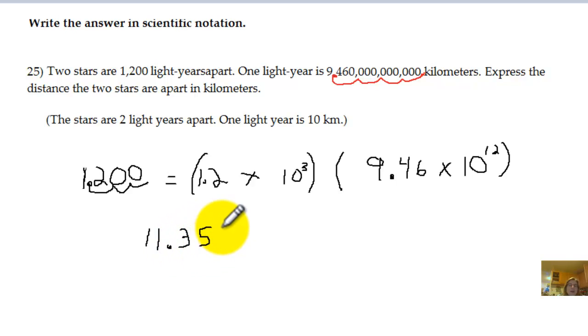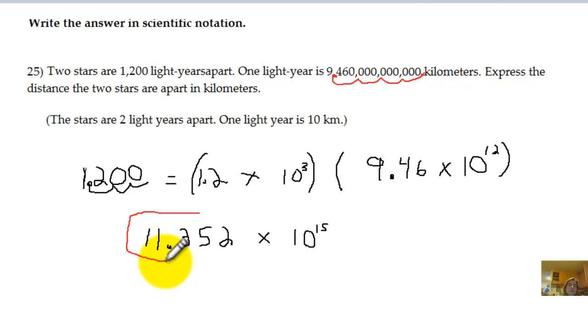And then I'm going to use the multiplication rules for these. Since I'm multiplying, I can add the exponents. So then this answer will be 10 to the 15th power, because 3 plus 12 is 15. And they want the answer in scientific notation, so that's the answer.